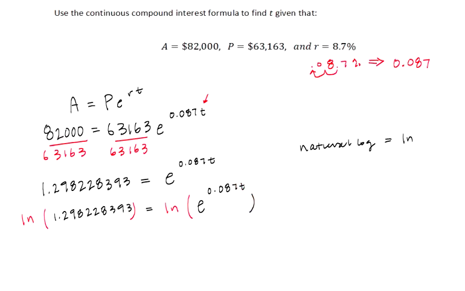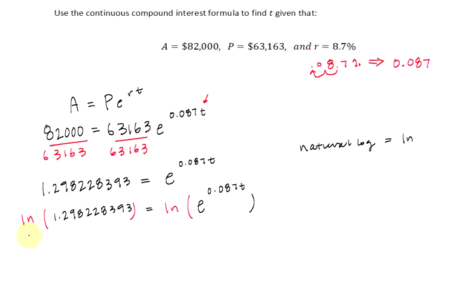Okay. Your calculator should have a natural log button. It should have the letters LN on there. In most cases, you can simply hit that natural log button and then the number inside the parentheses. Your calculator, though, may be a little bit different, so if you're not sure how to calculate the natural log, please contact your instructor or look it up in the user manual for the calculator.